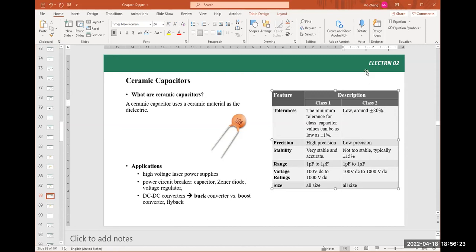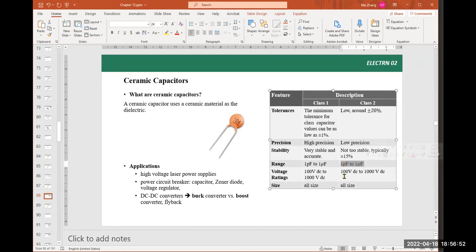And then after another 5 minutes, it's $2, right? It fluctuates too much. That's not good. We prefer it to be stable, predictable. But here it is plus and minus 20%. It's not stable. That's why it's low precision for class 2 ceramic capacitors. Not stable, typically plus or minus 15% for this kind. That's the range of the value.